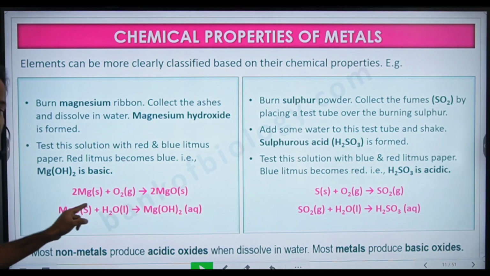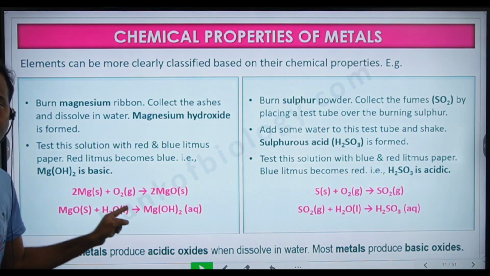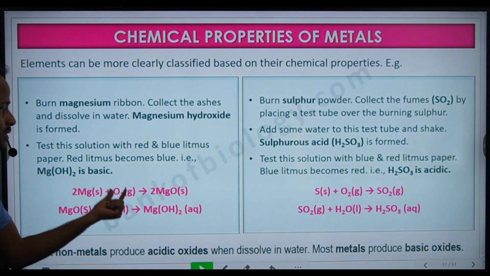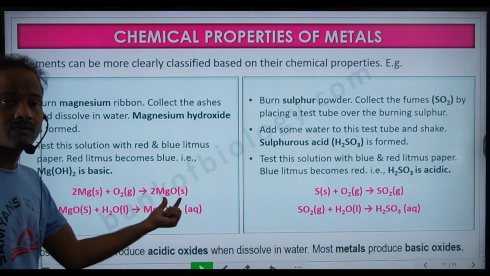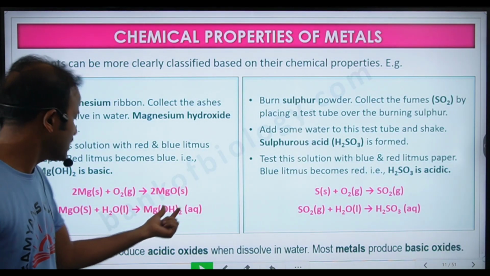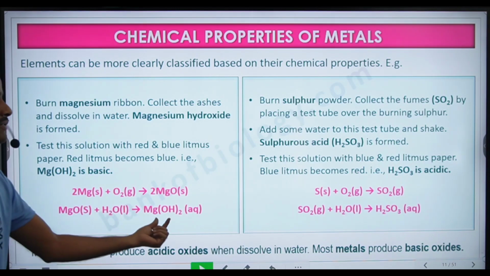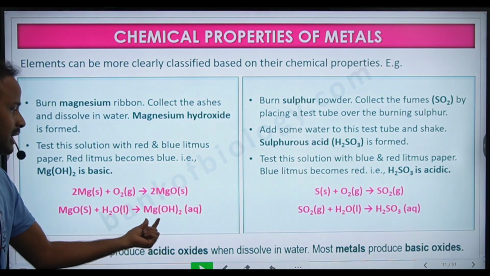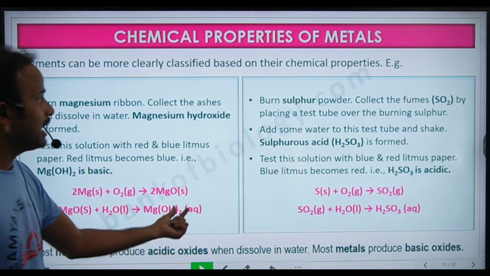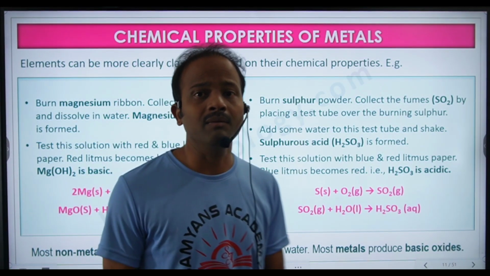When magnesium reacts with air, meaning oxygen, it burns and converts into magnesium oxide. When you dissolve this magnesium oxide powder in water, it gives magnesium hydroxide, Mg(OH)2, and this magnesium hydroxide is basic in nature.